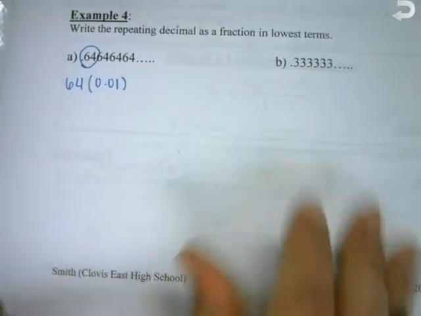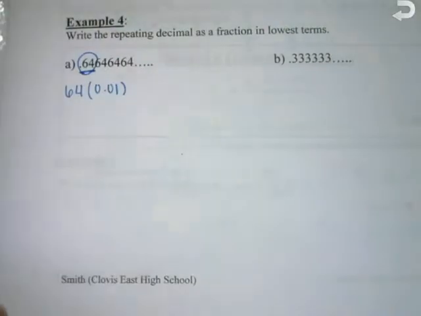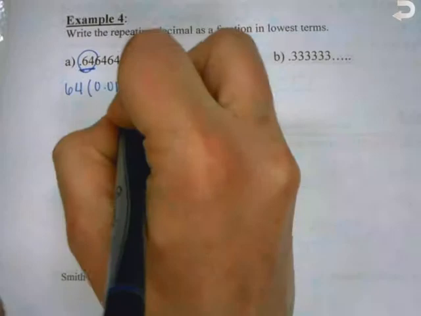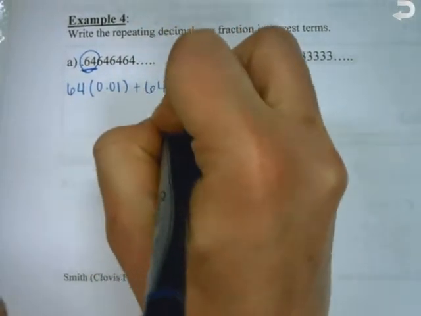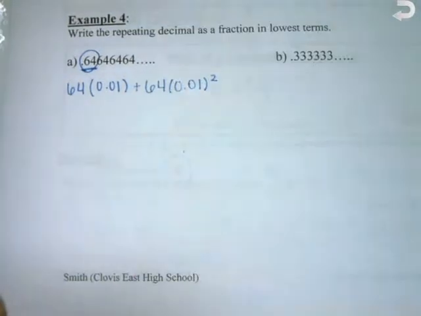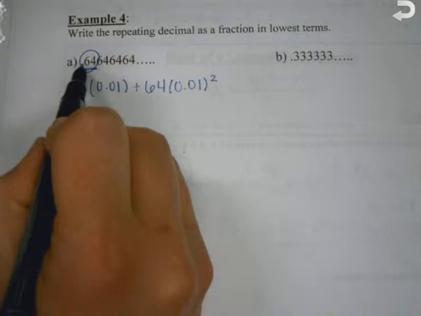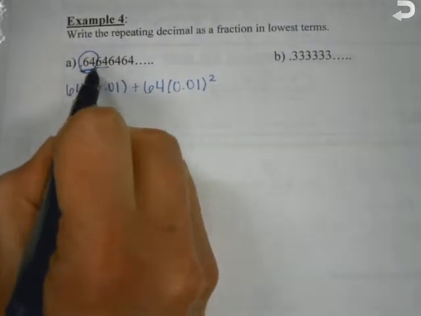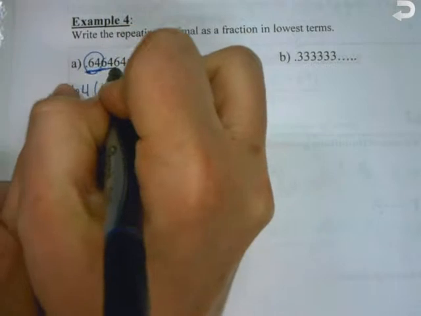Okay. What if I took 64 and then multiplied it by 0.01 to the second power? That would give me 0.0064, this part. So if I add this part and this part together, I get this thing. Do you guys see what I'm saying? This right here is 0.64.